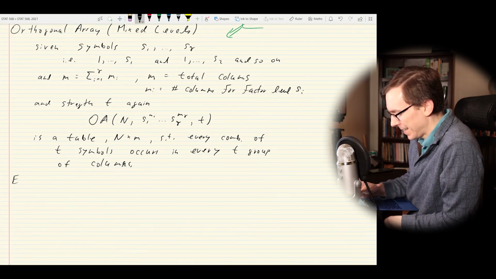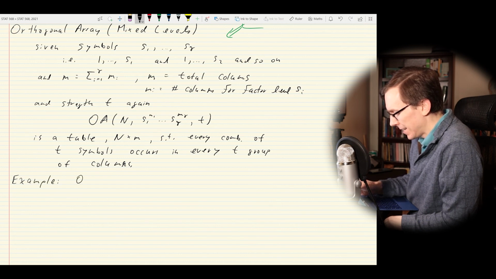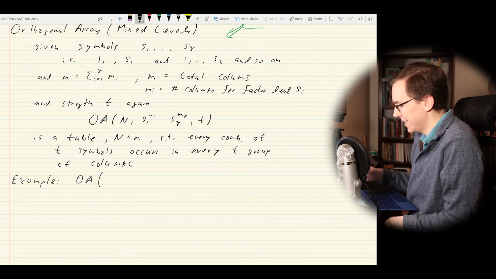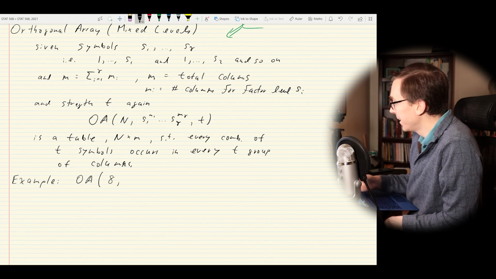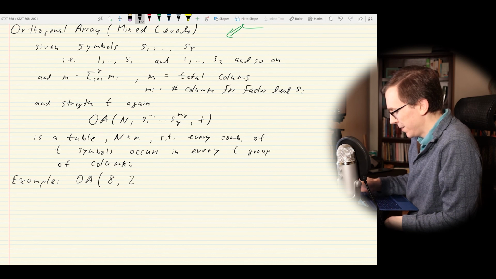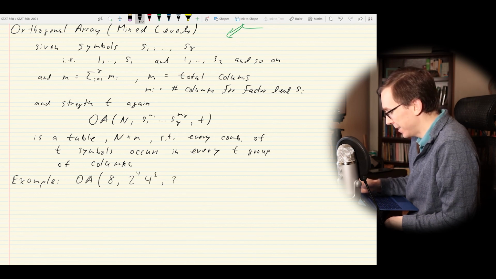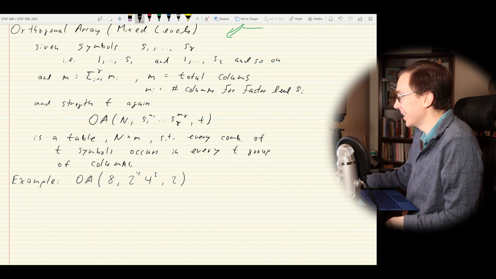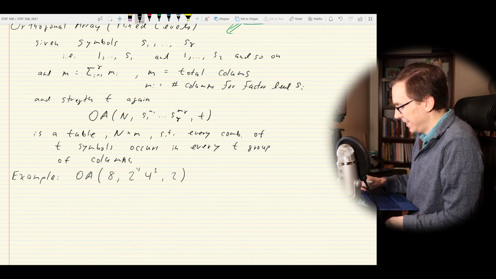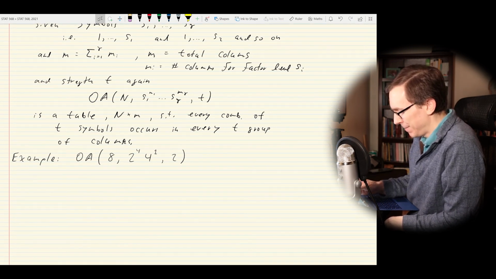So an example is an orthogonal array with 8 rows, 4 columns that have 2 levels, 1 column that has 4 levels, and a strength of 2. And what that's going to look like is going to be something that's going to look like this.